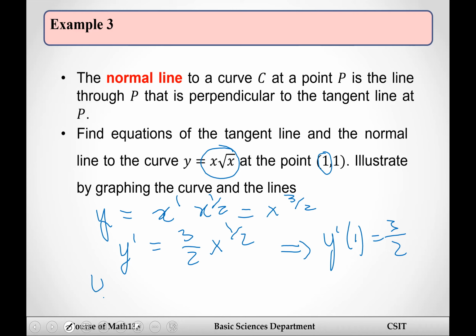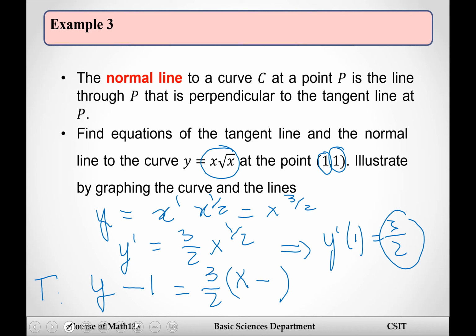Then my tangent line, I will denote this by t. Its equation is y minus the y of the point, so y minus 1, equal to the derivative 3 over 2 times, between parentheses, x minus the point 1.